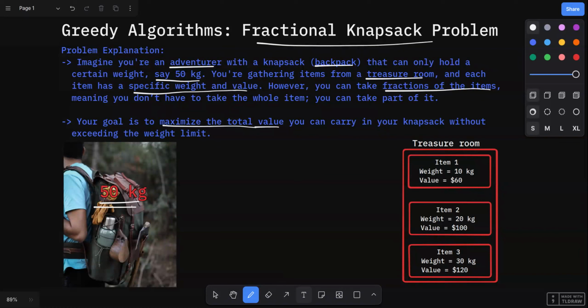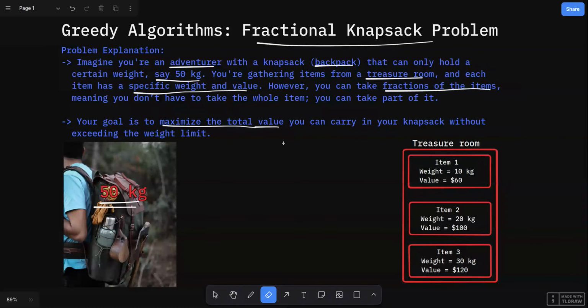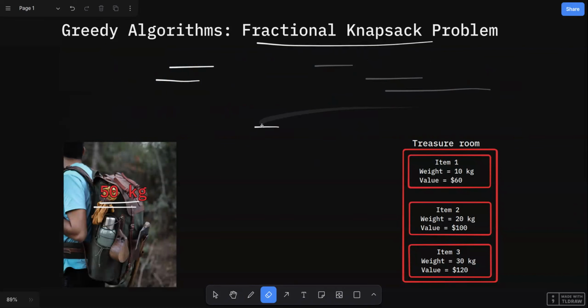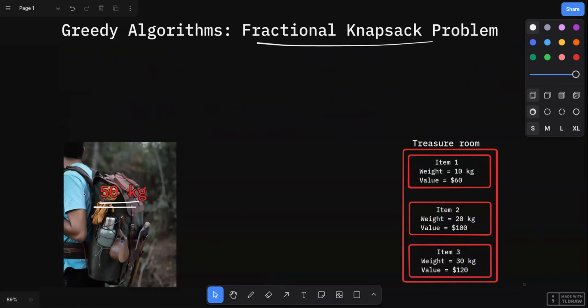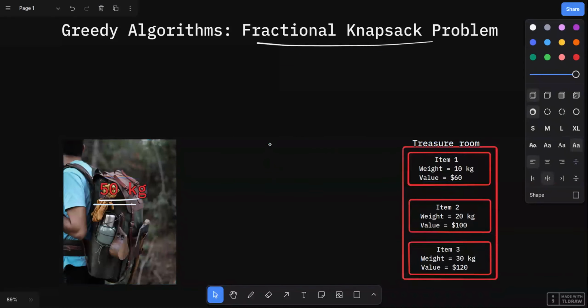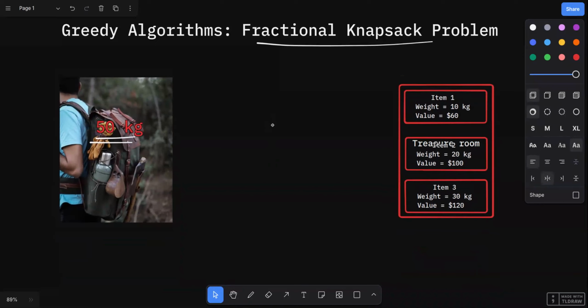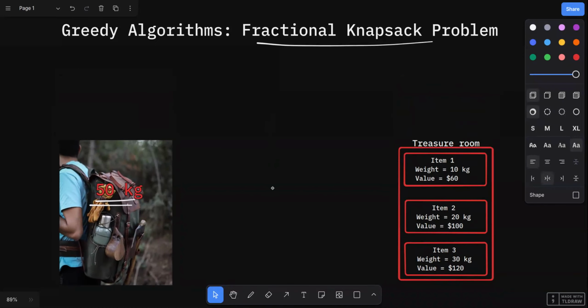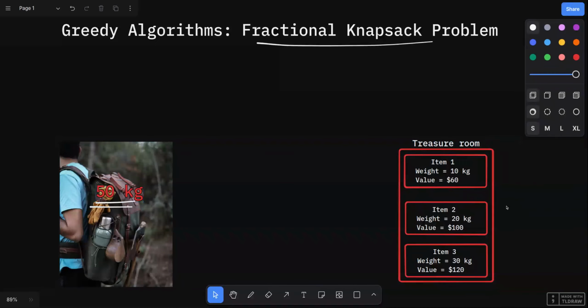There are some scenarios that we're going to look at here. Let me just get rid of all this so that we can have enough room. We have our treasure room, and in our treasure room we have three items that we are considering.